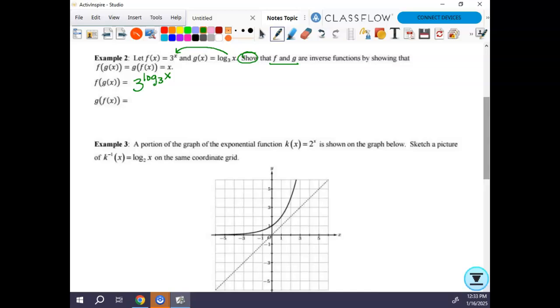But if you have an exponential that has a log in the exponent, and the base of the exponential and the base of the log are the same, they, in a sense, cancel each other out, and you are left with whatever the argument is for the log. So 3 to the log base 3 of x power is literally just x. Okay? So if the base of the log and the base of the exponential match like that, you just get x out. Now, it doesn't just magically jump out of there. Like I said, I'll show you the math behind it a little bit later.